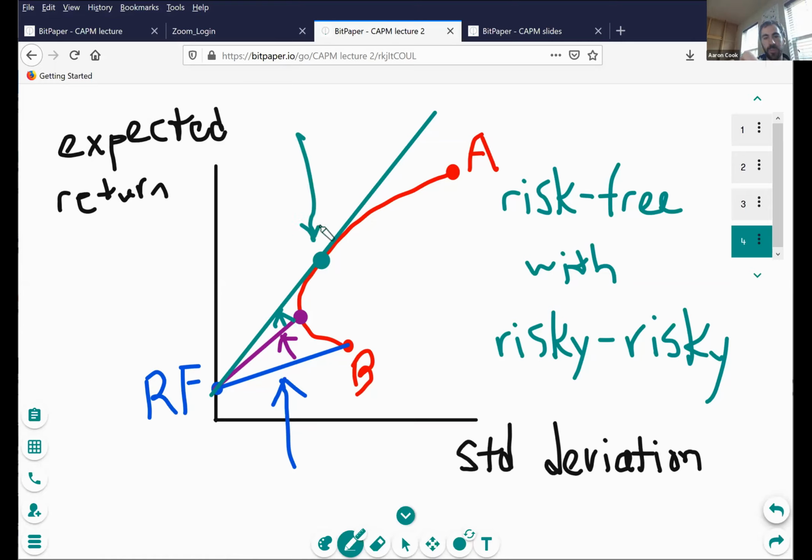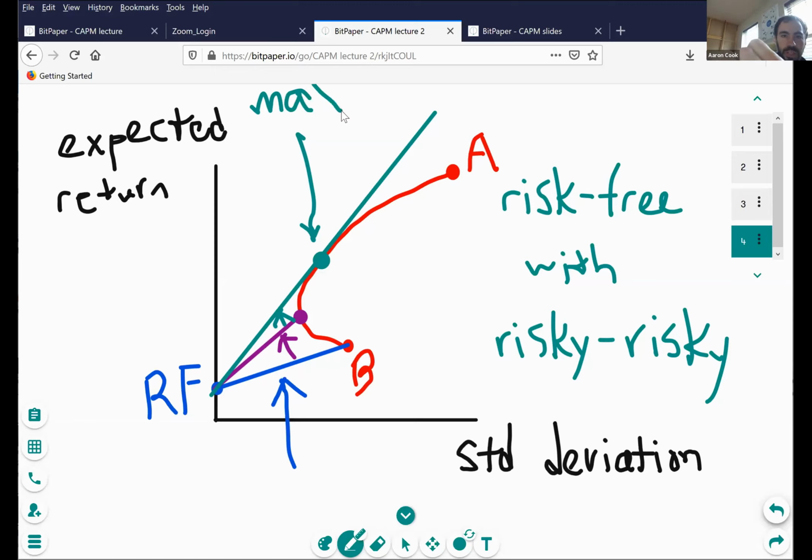somewhere right here. It's going to be the portfolio that will maximize the slope of this line originating at the risk-free rate. It's still achievable, still lying on this red frontier, but it's also as far to the northwest as possible.